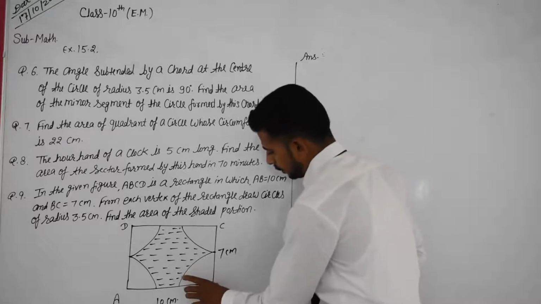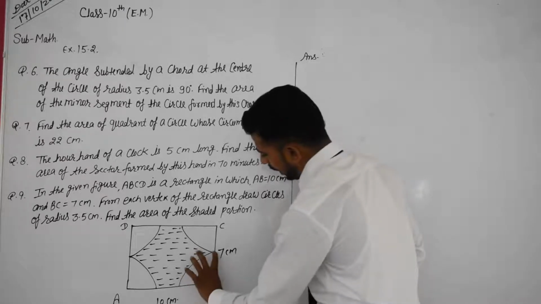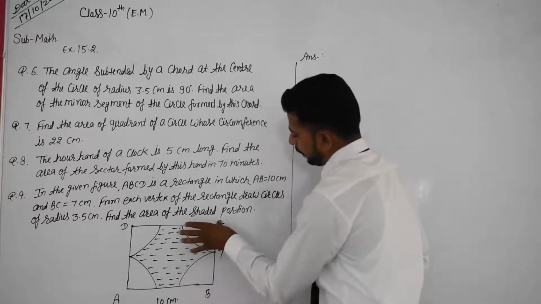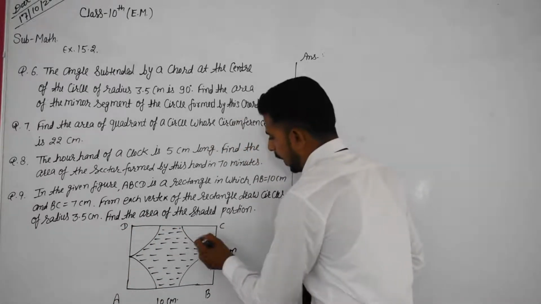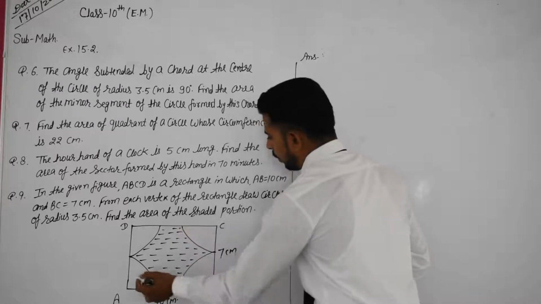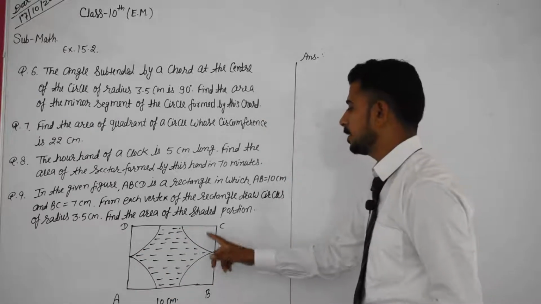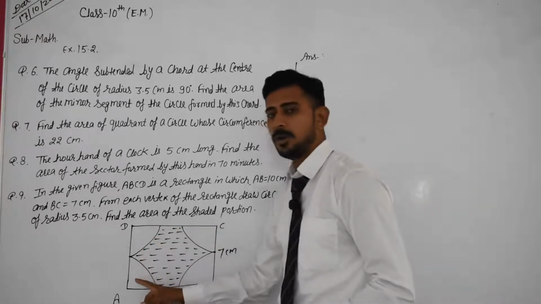Suppose the compass is fixed at point B and make a circle. Again at point C, at point D and at point A. It means these parts are the quadrants of circles: 1 quadrant, 2 quadrant, 3 quadrant and 4 quadrant.